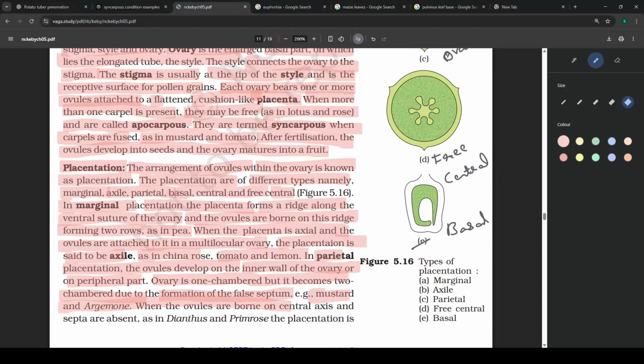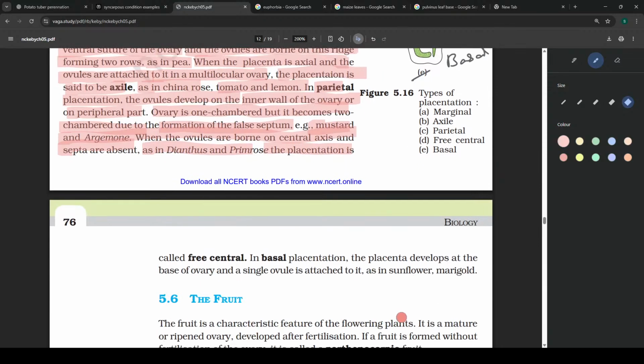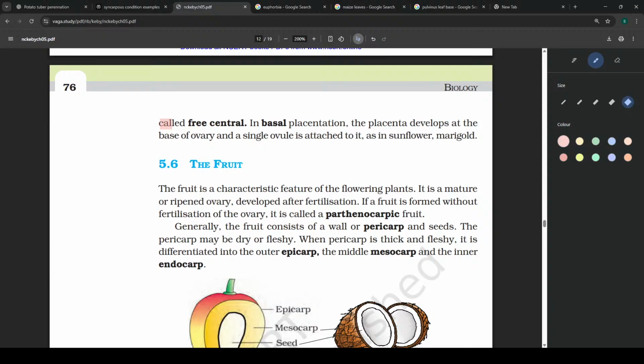When the ovules are borne at the central axis and septa are absent, as in dianthus and primrose, the placentation is called free central. In basal placentation, a placenta develops at the base of the ovary and a single ovule is attached to it, as in sunflower and marigold.